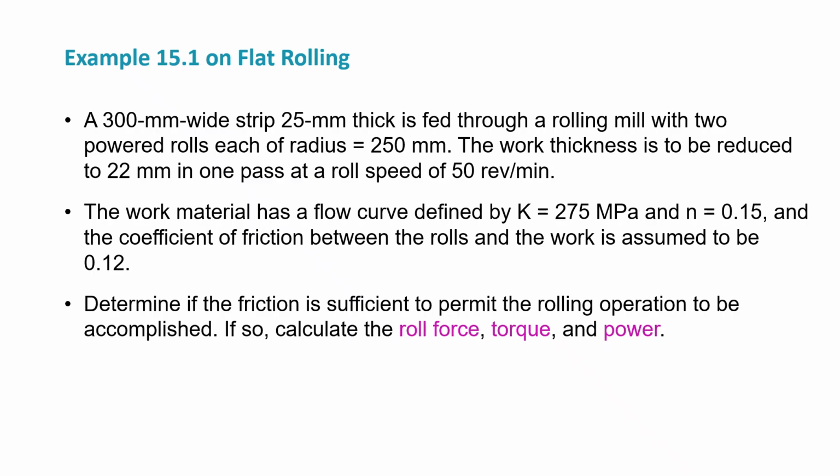Now, we need to determine if the friction is going to be sufficient to permit the rolling operation to be accomplished. If so, then calculate the roll force, the torque, and the power. If you haven't gone through the theory of the analysis for the rolling process, you're not going to be able to answer this question, so that's what we're going to do next.